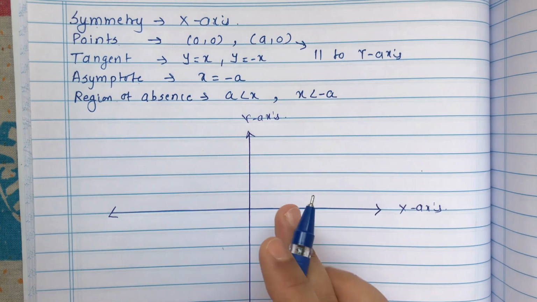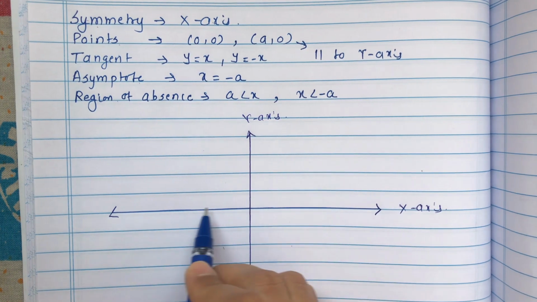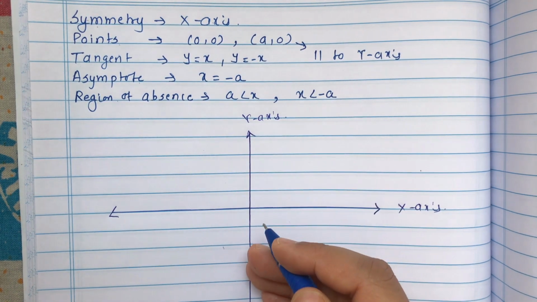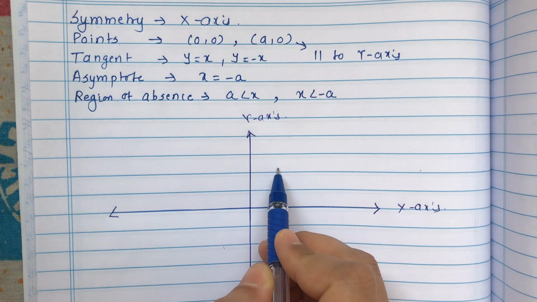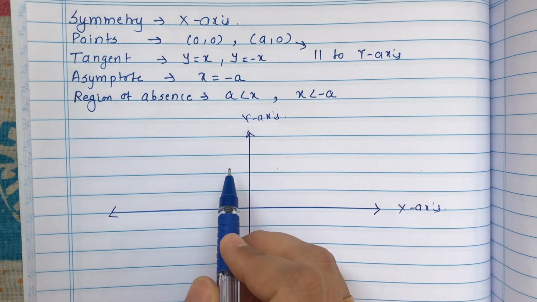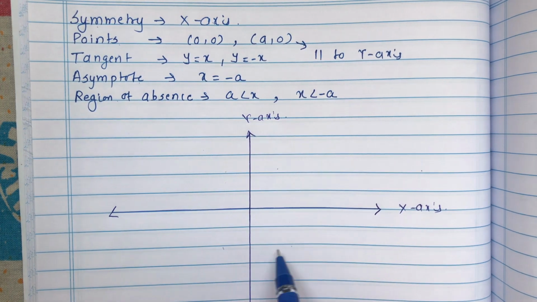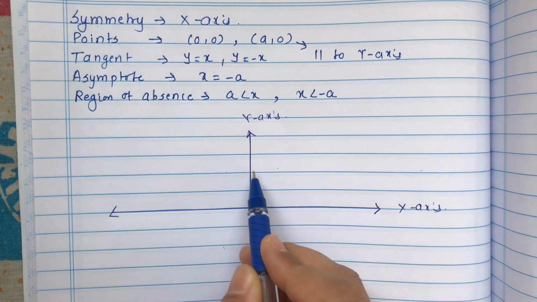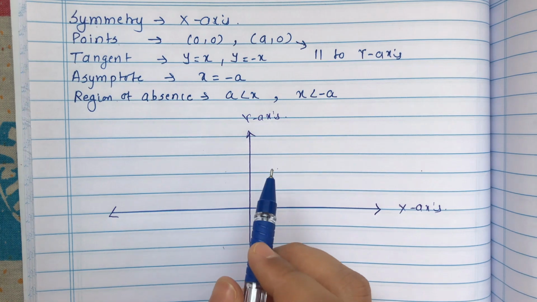Now if any curve is symmetric about the x-axis, then it will be an exact mirror image. So we have to trace only in the first quadrant and second quadrant. Using symmetry we will draw in the third and fourth quadrants, so we will focus on only the first and second quadrants.